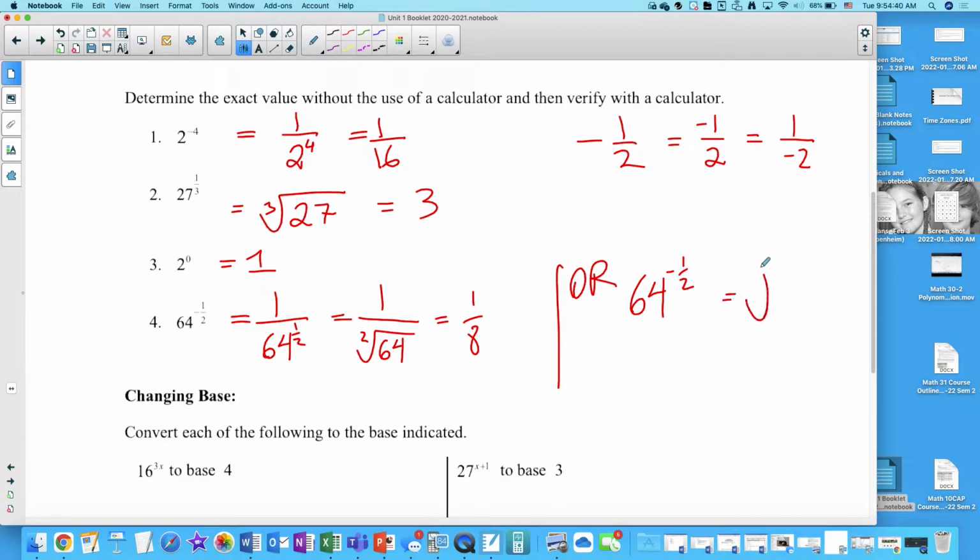Okay? Square root of 64 is 8 to the negative 1, which is 1 over 8. Okay, so it works both ways. One question that I have before we move on, exact value. What does that mean?